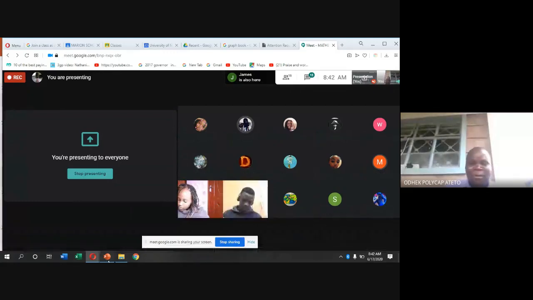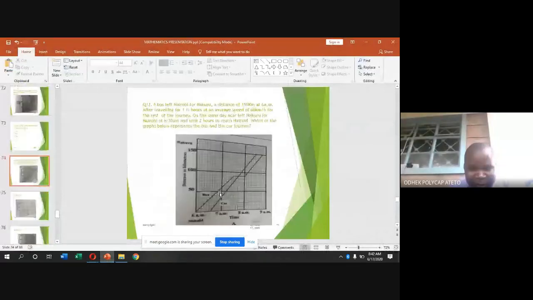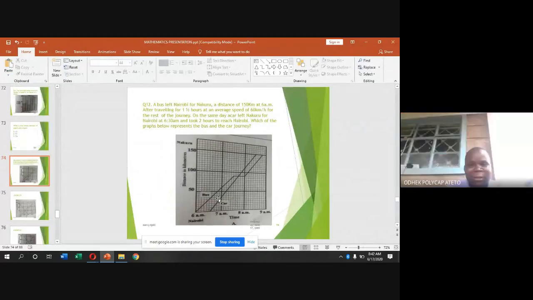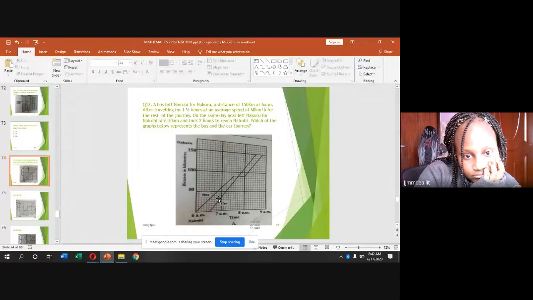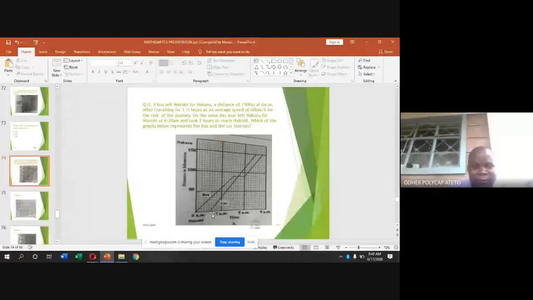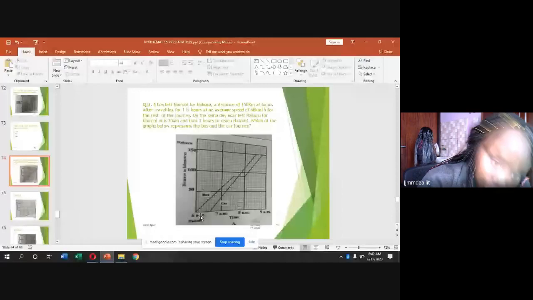So let's now pick another graph. Melanie, that one we have already known the scale. Tell me the scale for that number 12. Scale only. 1 centimeter represents what?